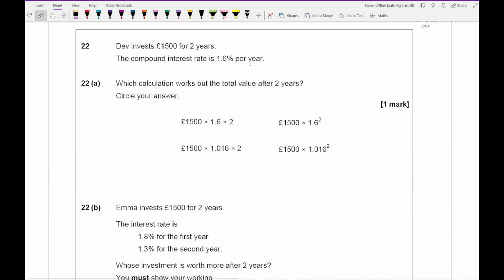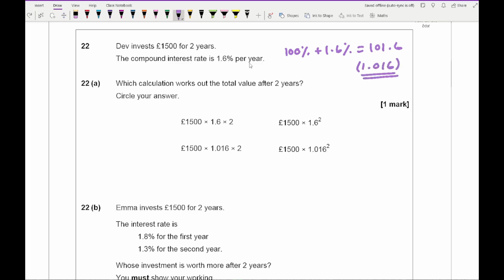Moving on to question 22, it says Dev invests £1,500 for 2 years. His compound interest rate is 1.6% per year. Which calculation works out the total value after 2 years? Well, here for compound interest, we do 100% plus 1.6 as we're adding, and that gives us 101.6. If I then convert that into a decimal by dividing by 100, I get 1.016.